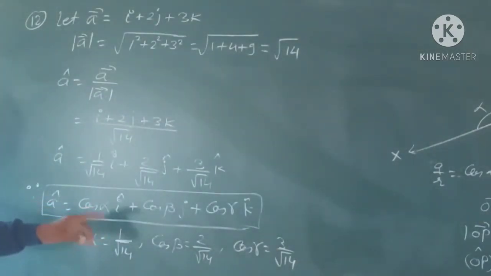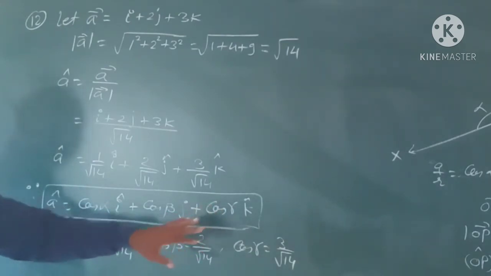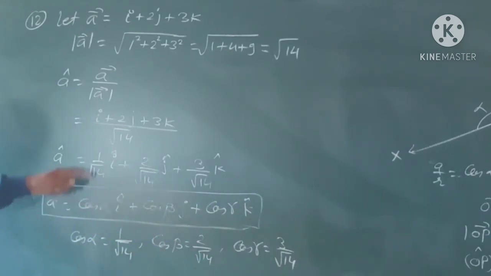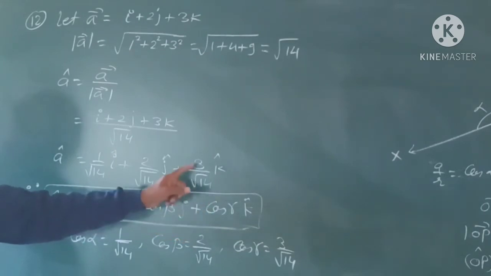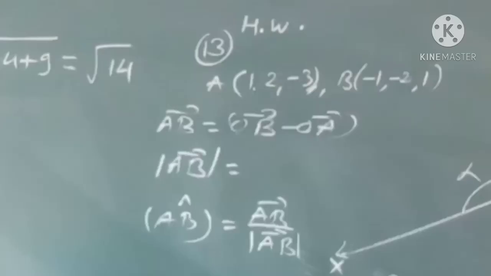Comparing with the formula, A cap is cos alpha i cap plus cos beta j cap plus cos gamma k cap. So cos alpha is 1 by root 14, cos beta is 2 by root 14 and cos gamma is 3 by root 14. These are the direction cosines of vector A.